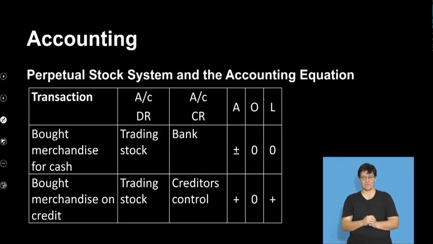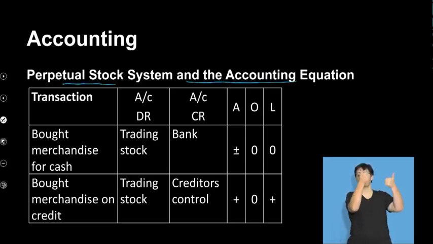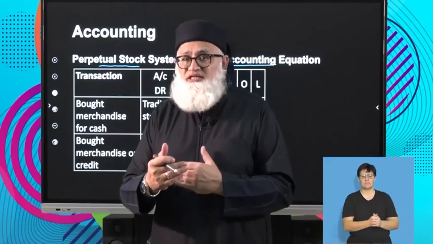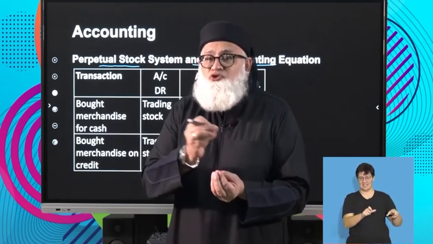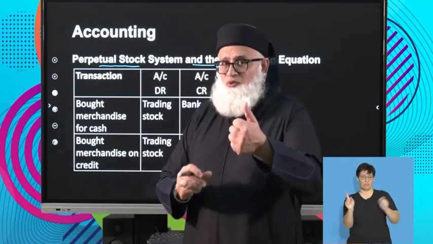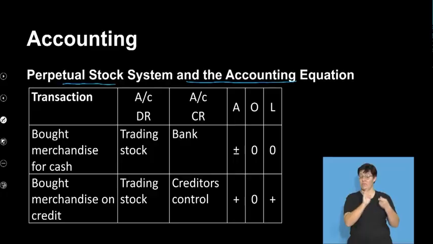With the perpetual stock system, and how it impacts on the accounting equation, let's take an example. I'm going to do it in a different way to highlight the difference between the two systems. Number one, bought merchandise for cash.